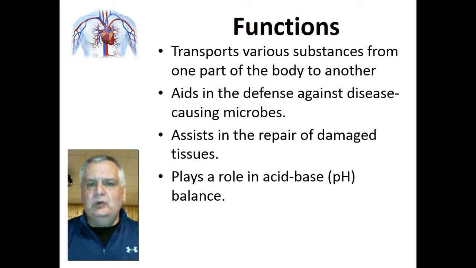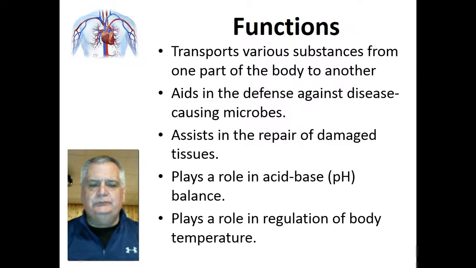So in order to function properly, cells need the pH to be maintained somewhere around 7.3 to 7.4, 7.35 we might say. That's one of the functions of the cardiovascular system that we're going to be taking a look at. And one big component of that is in the red blood cells, we see hemoglobin. Hemoglobin has the ability to help stabilize the pH of the blood. So we'll be taking a look at that as well.